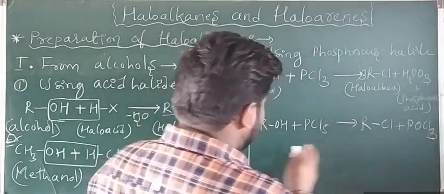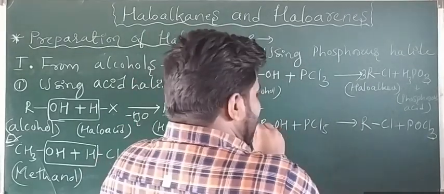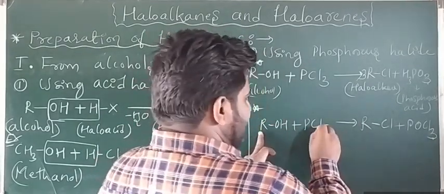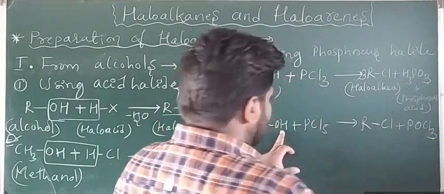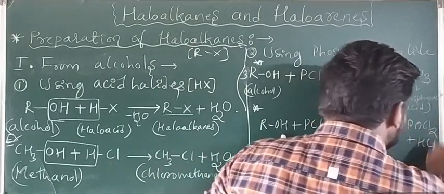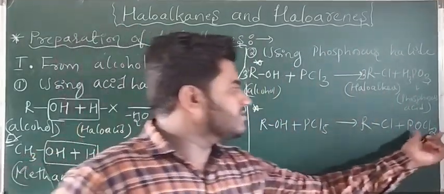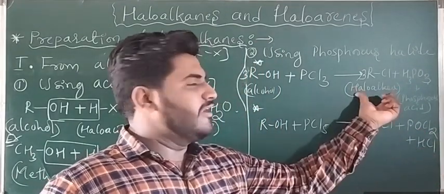That means what are we left with? In RCl, one Cl is eliminated; the remaining Cls are added to phosphorus and oxygen as POCl3, and HCl is eliminated. This one is phosphorus oxychloride. Remaining with this one is the haloalkane.